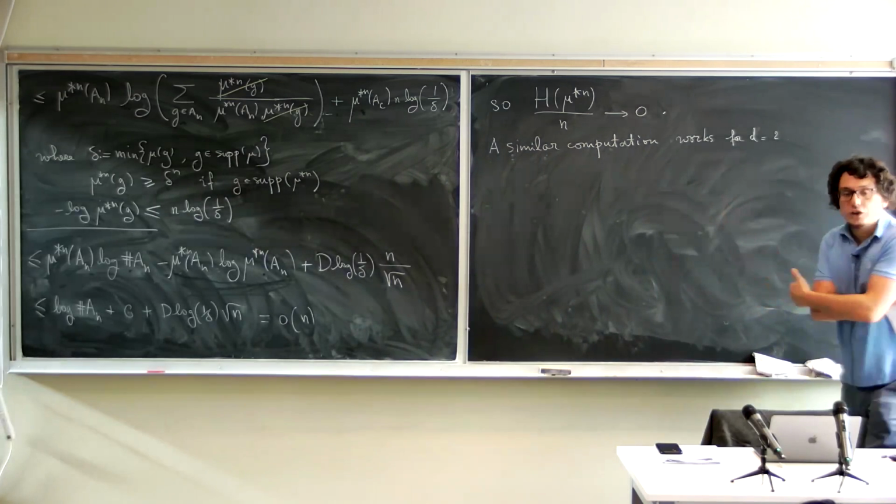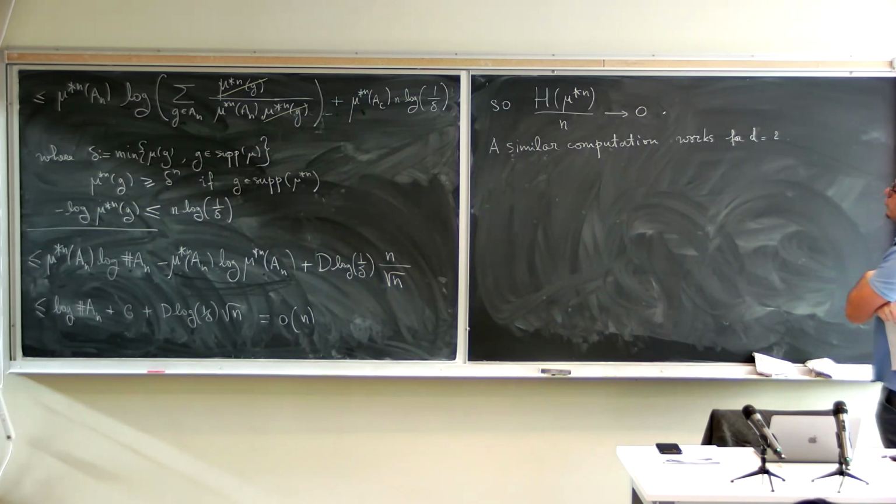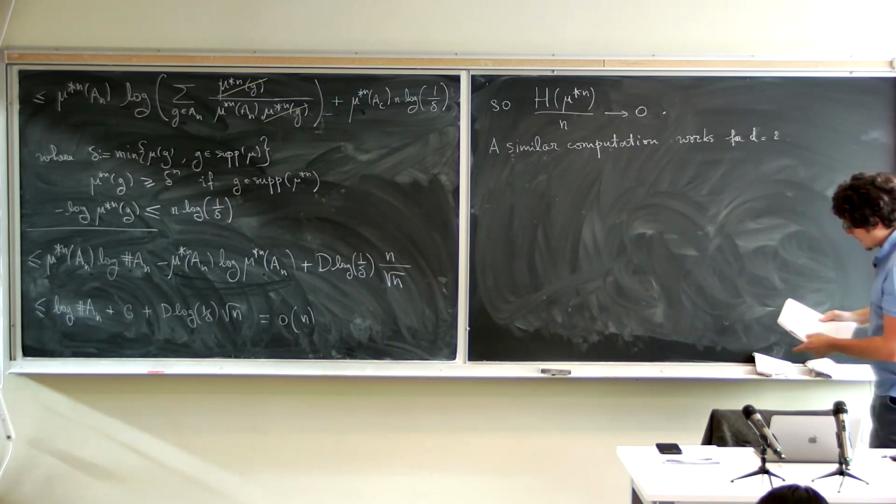But obviously it doesn't work for d equals 3, because otherwise the proof would give triviality of the boundary for every d, which is not true. Yes, what lambda should we pick? It's a good question. That's what the exercise is about.